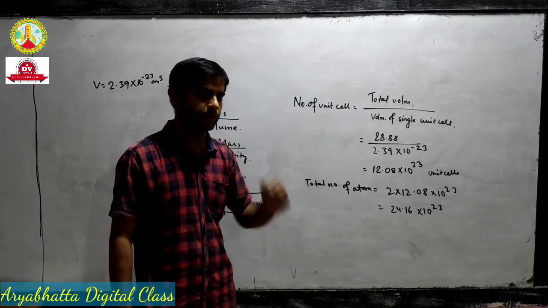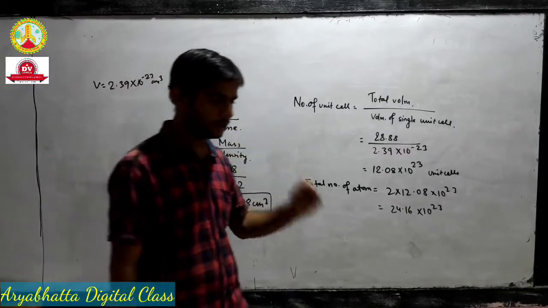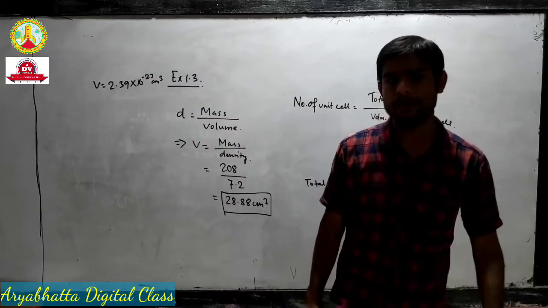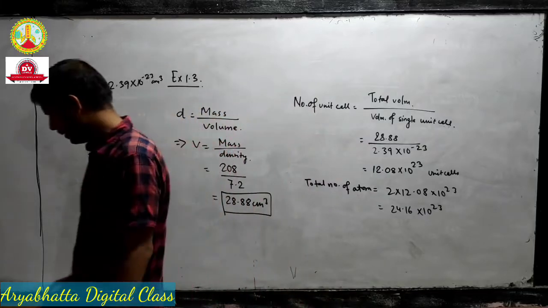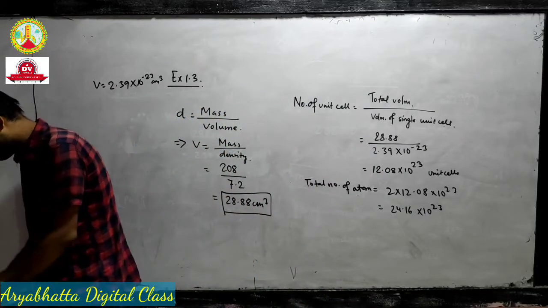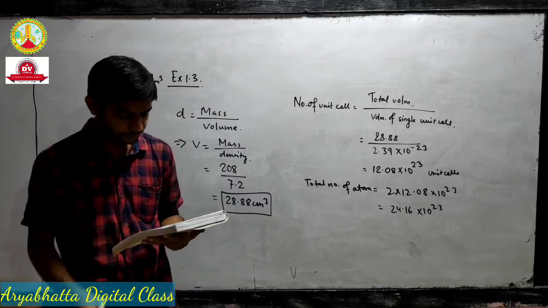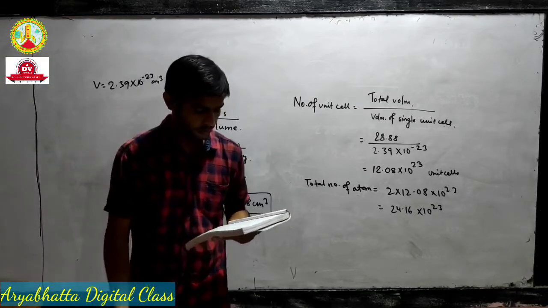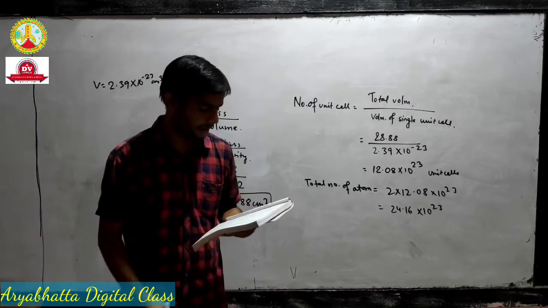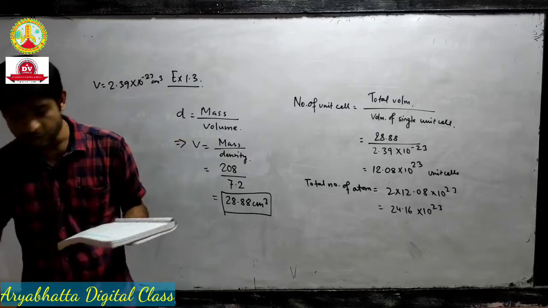Since we have a BCC structure and BCC has 2 atoms per unit cell, that's the answer.